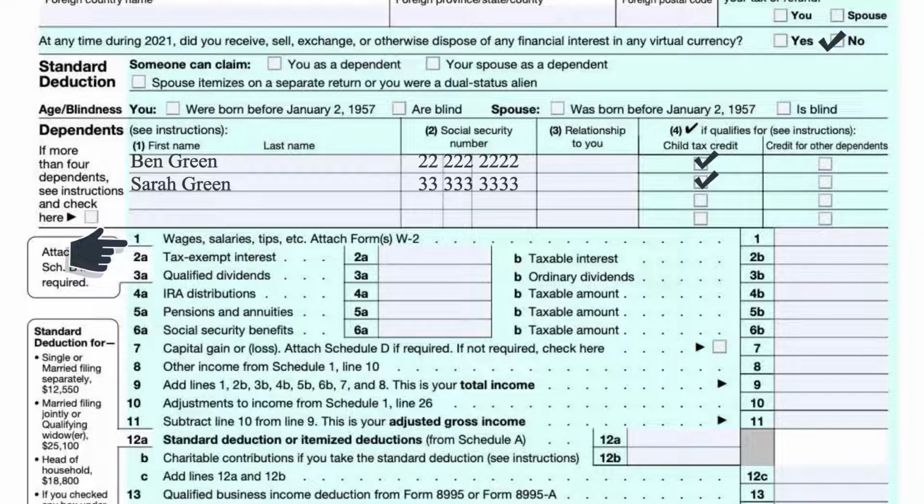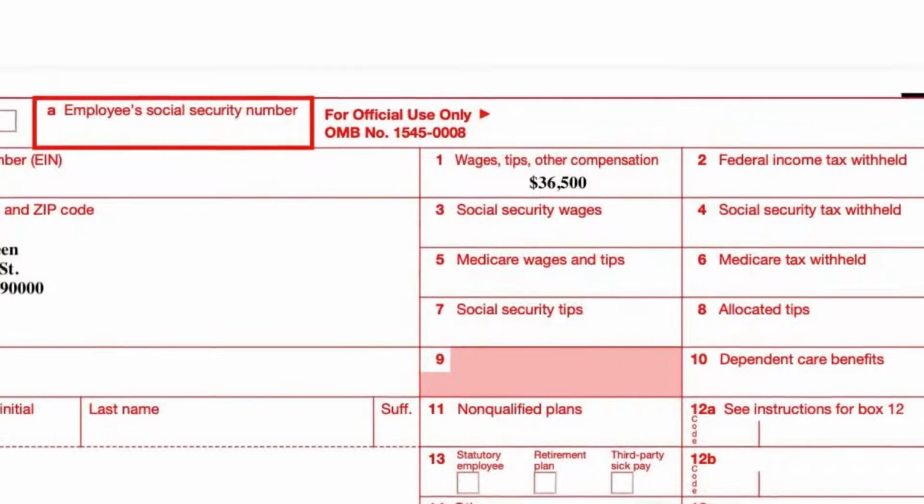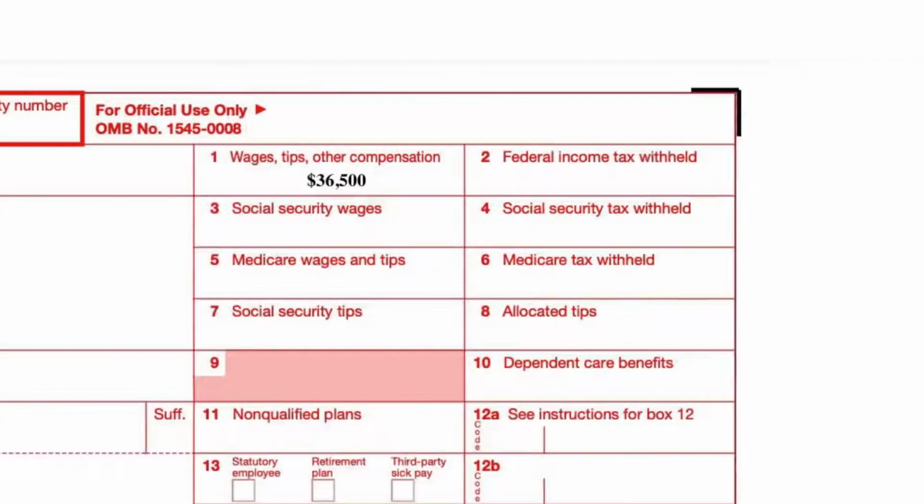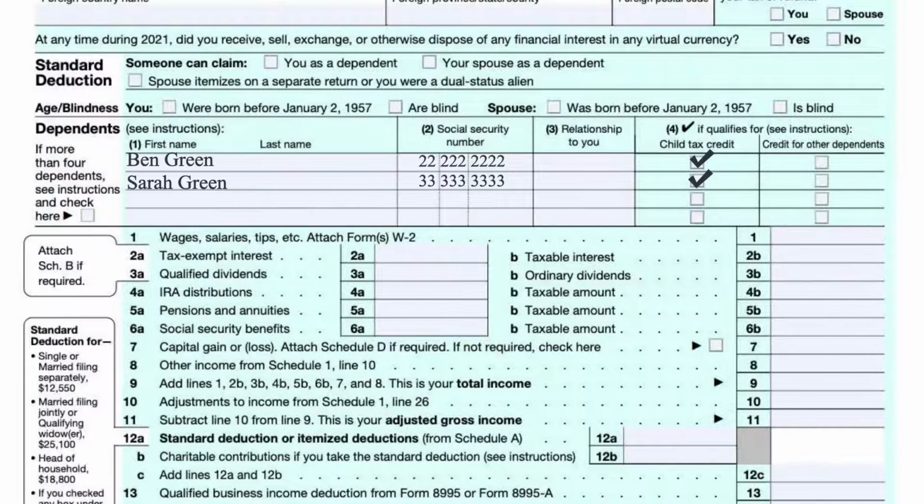On line 1, wages, salaries, and tips are entered. Looking at Emily's W-2, she has an income of $36,500 on line 1. She does not have any household employment income. So we're going to enter the amount of $36,500 on her W-2 on line 1.